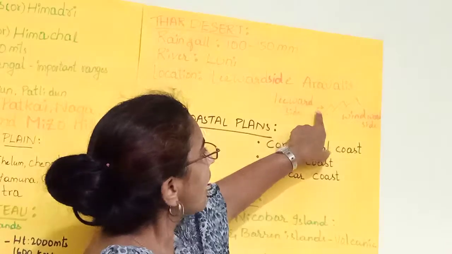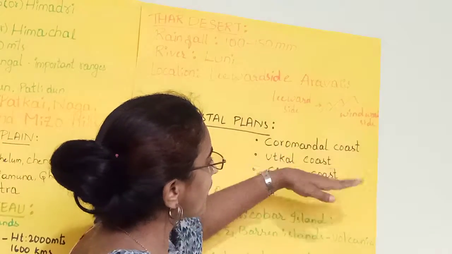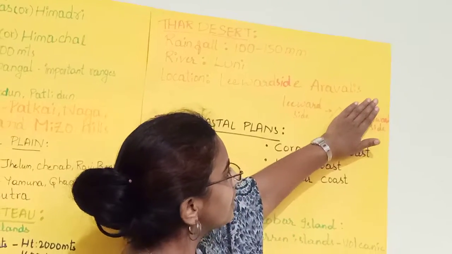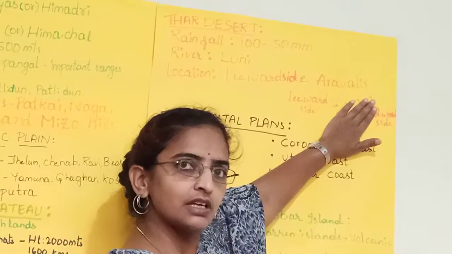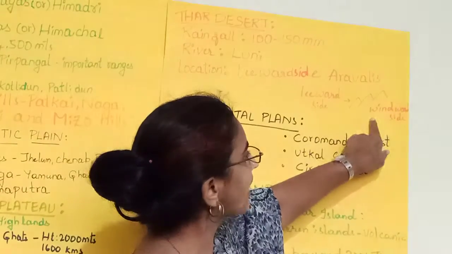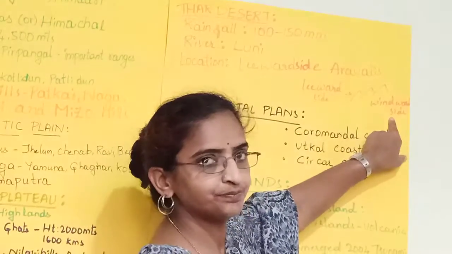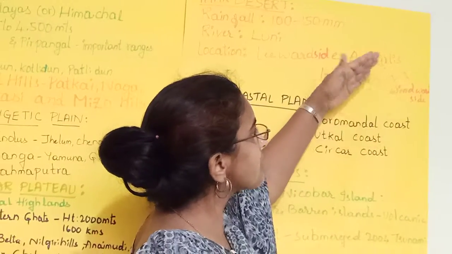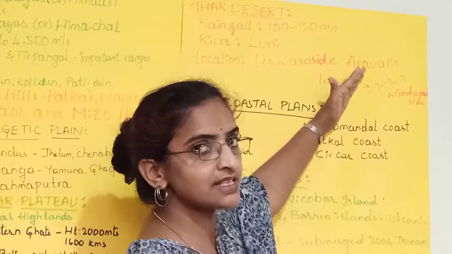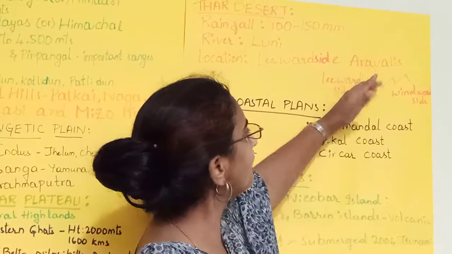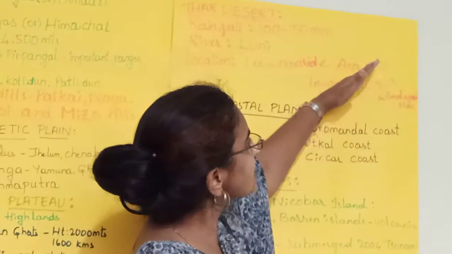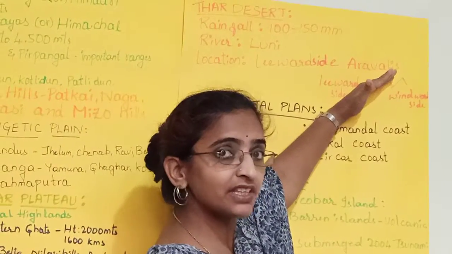The winds blowing from the south part of India bring rainfall to this side of the Aravalli ranges, which is called the windward side. The other side does not receive any winds and forms a shadow part, the leeward side. Because of this, it is not receiving the winds.